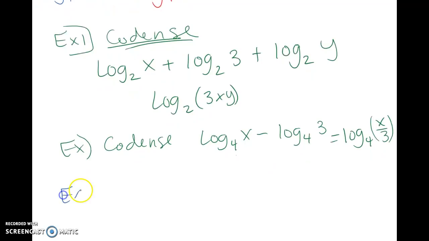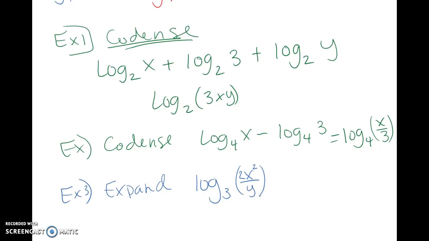Alright, another example, example 3. Let's go expand. Let's go the other way. What if we have log base 3 of 2x squared over y? First I know that I can expand this division to be subtraction.